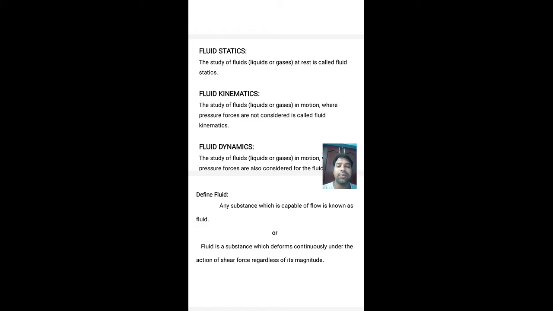And the next one is fluid dynamics. What is fluid dynamics? Fluid dynamics is the study of fluids in motion where pressure forces are also considered. Earlier in fluid kinematics, we did not consider the forces acting on the fluid particles, though they were in motion.